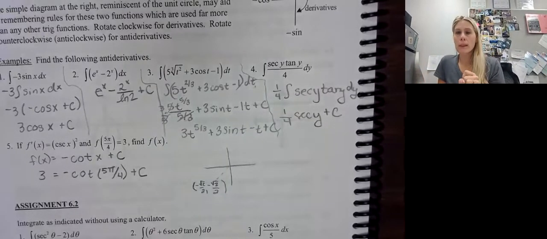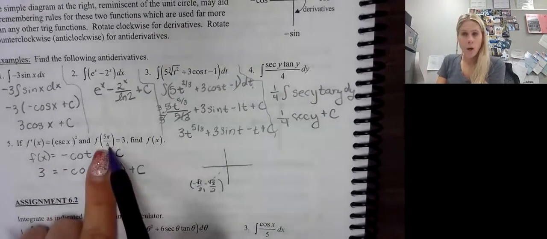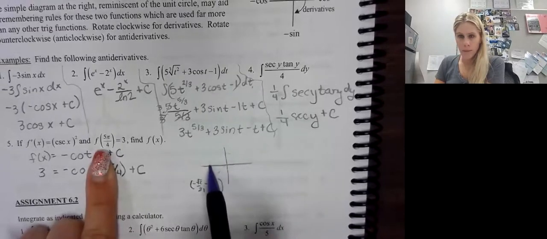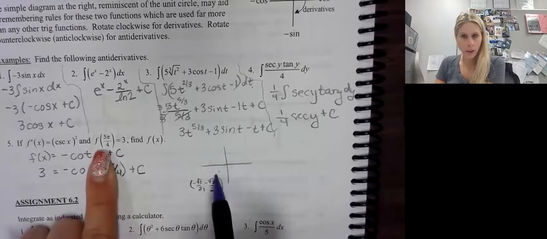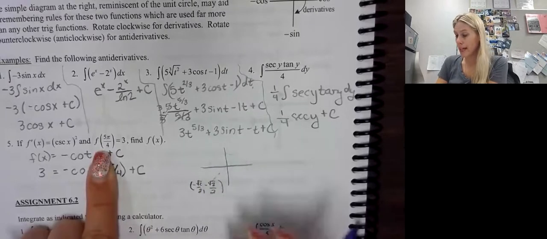But one of the other things I want to remind you of is 5 over 4 is a little bit over 1. So I know 1 would be my 180. So I'm down in the third quadrant. And I know it's over 4, which means square root of 2 over 2. And since it's in the third quadrant, that means they're both negative.